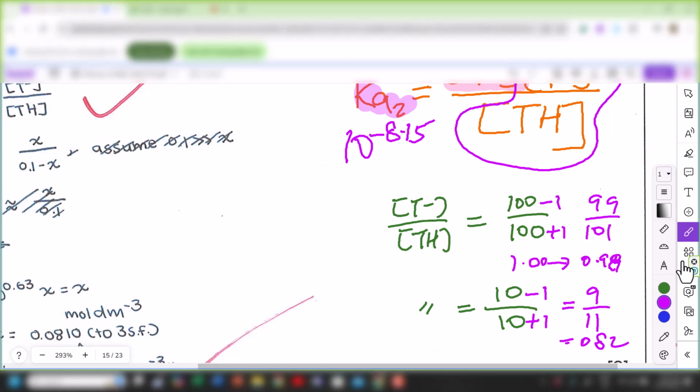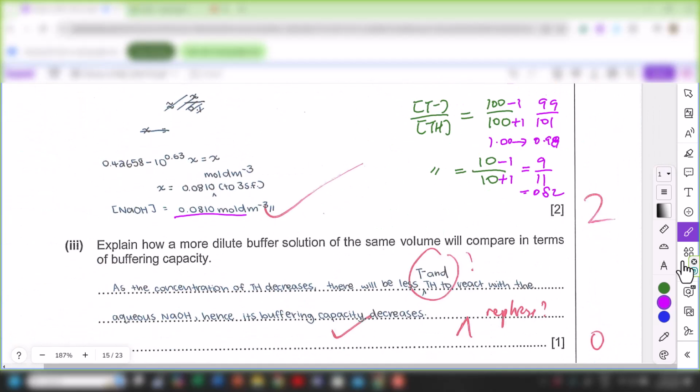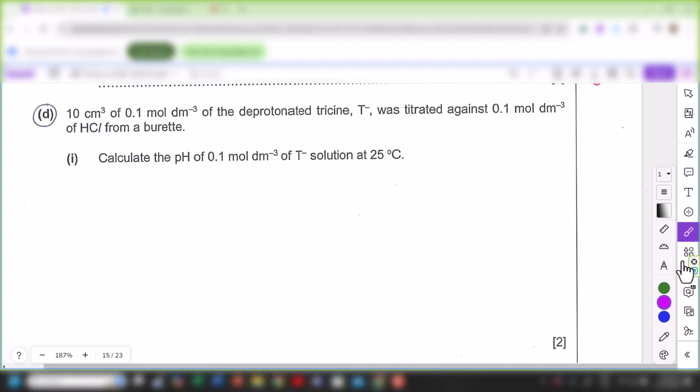So you can use this example to help you answer this, but you are not supposed to calculate. You write in terms of the idea of the larger change in the ratio leading to the reduced buffering capacity. Okay, will that be alright?